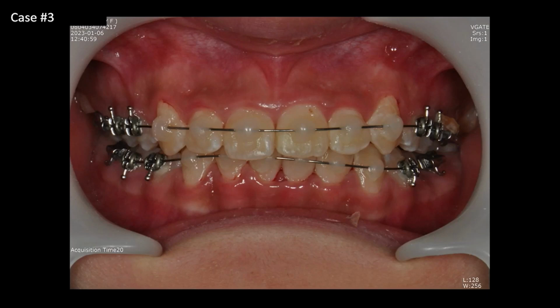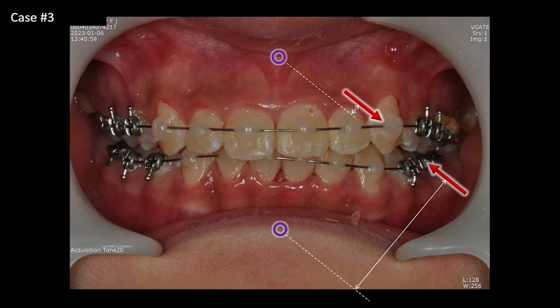Case number 3 presents a midline discrepancy and a lower occlusal plane canting. The lower occlusal plane is downward on the left side after the leveling. A unilateral short class 2 elastic was applied. Note that the line of force in the upper arch passes close to the center of resistance of the upper arch, whereas the line of action of the lower force is significantly distant from the center of resistance of the lower arch.